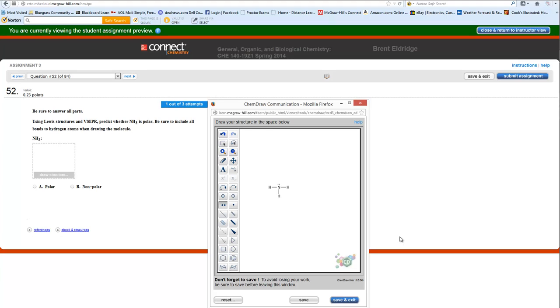All right. So what do you think? Is it polar or non-polar? Polar, because there's nothing canceling this. We know nitrogen's more electronegative, so the electrons are pulling this way. And you'd say, well, these cancel each other out maybe, and this one's then not canceled out. So this one doesn't have a counterbalance, right?